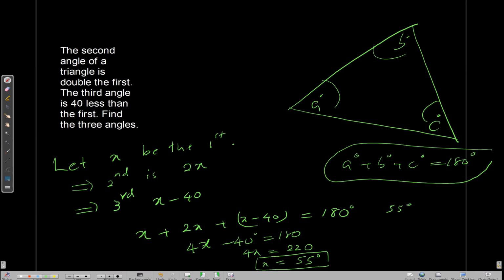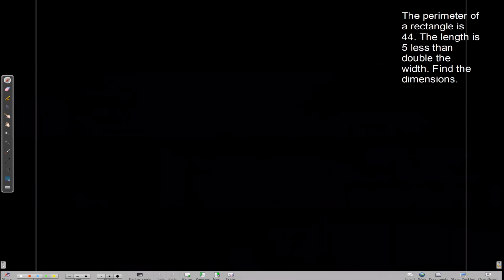So 55, the second one is 2 times that, so 110, and the last one is 55 minus 40, so that is 15, and when you add these three, you are getting 180, and that's correct.